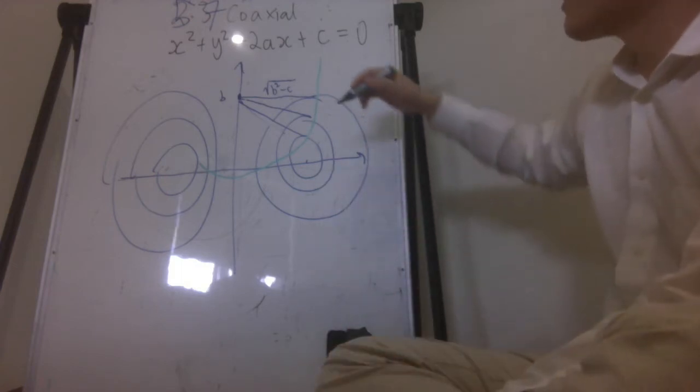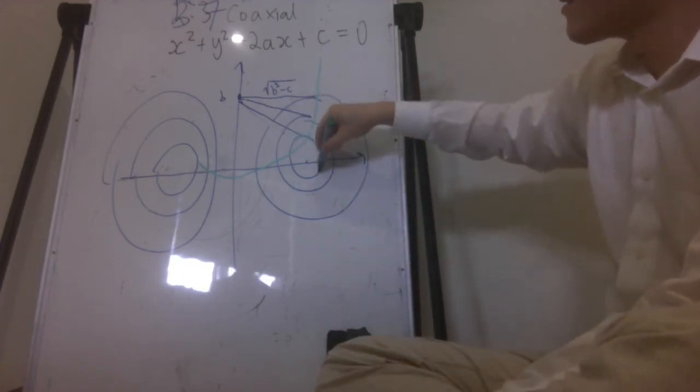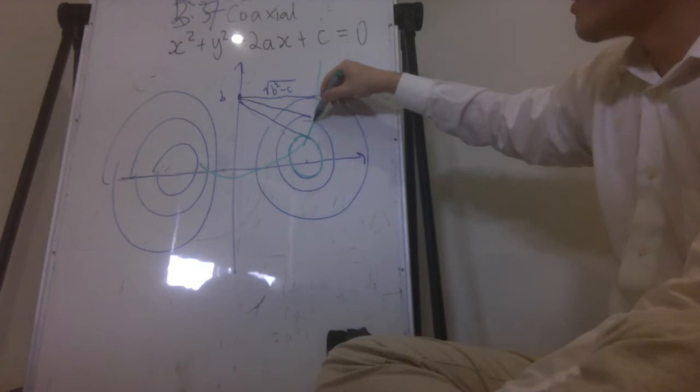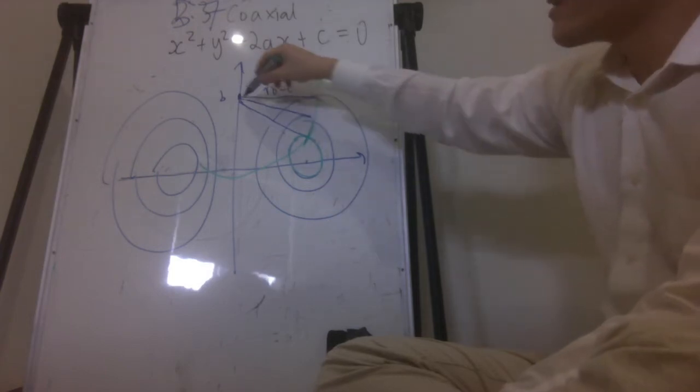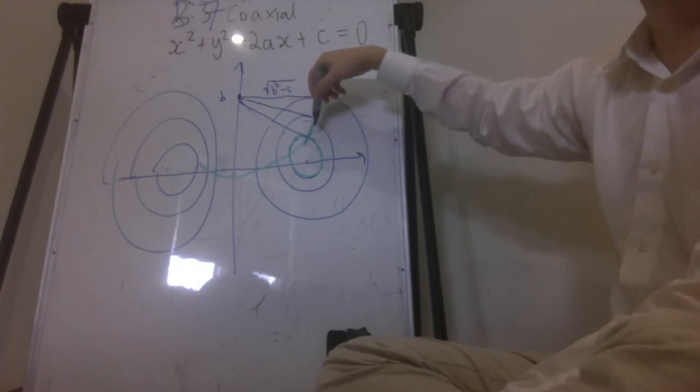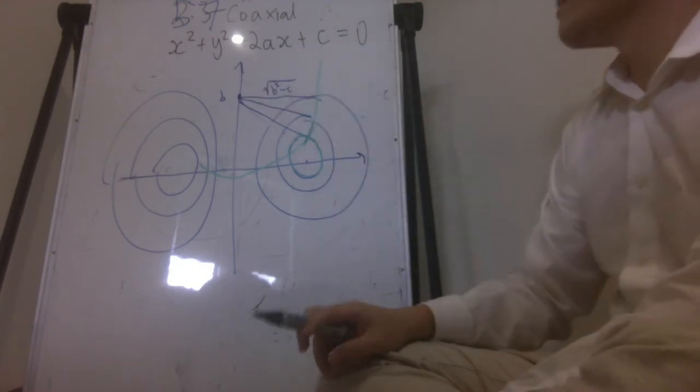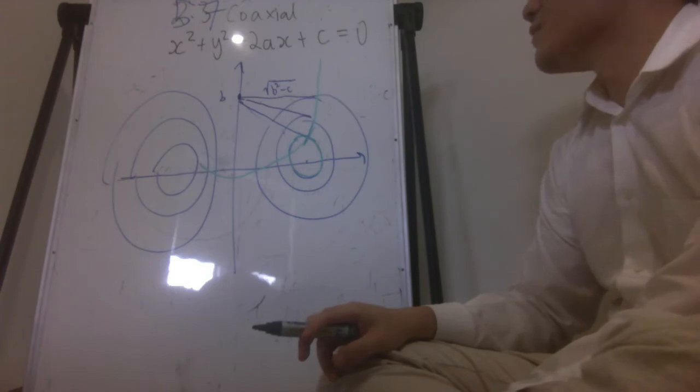If you look at this circle here, this tangent is meant to be orthogonal to that tangent, but the radius is orthogonal to that tangent, and this tangent is the radius. So I'm proving the small one is orthogonal to the big one.